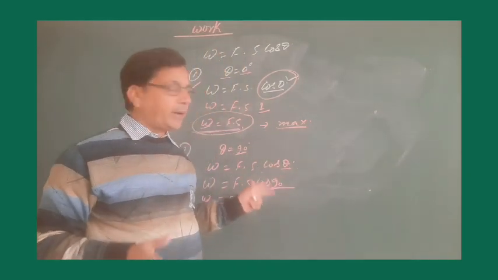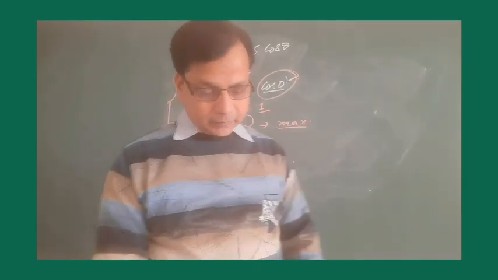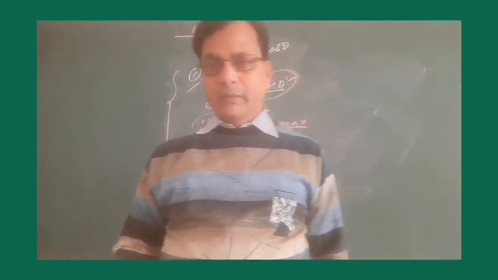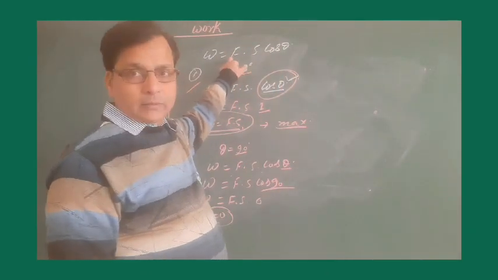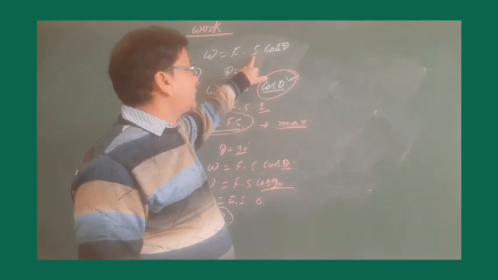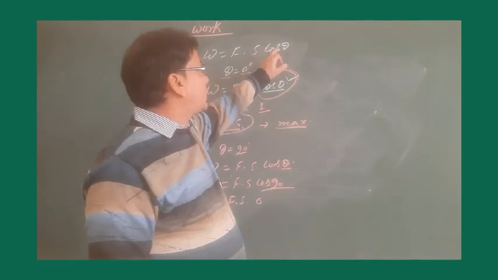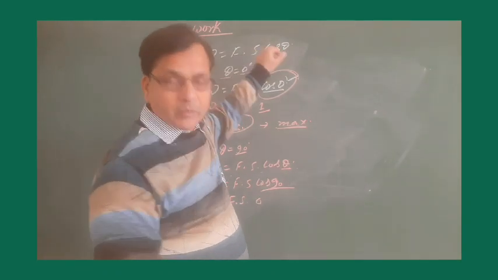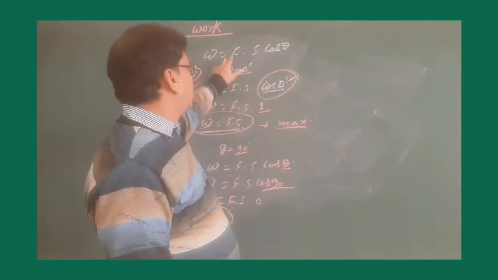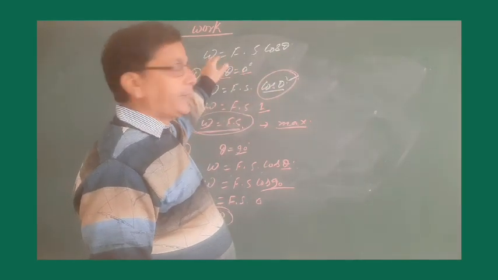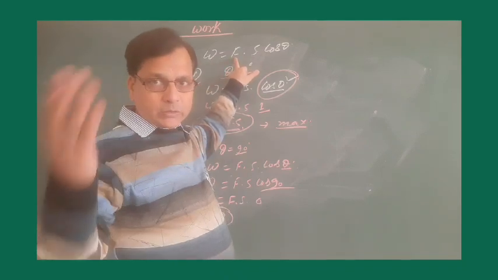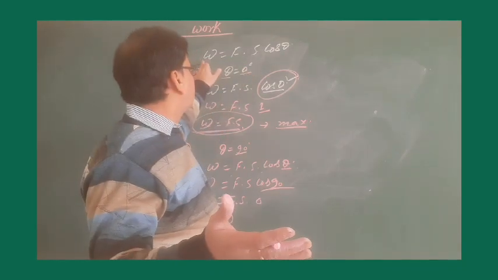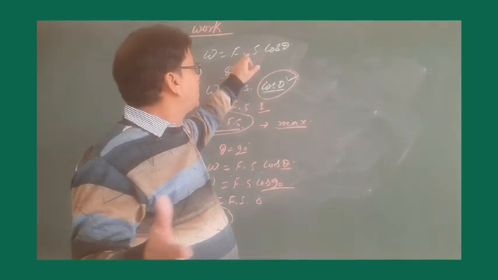There are three factors affecting the work. First is the force, second is the displacement, and third is the cosine of the angle between the force and displacement. Force is directly proportional to the work done, means if the force is greater, then work done is also greater.